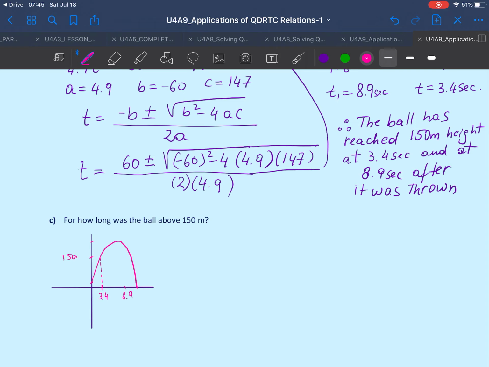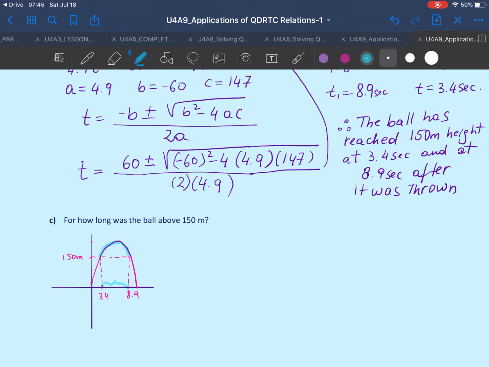So 150 meters right here, and that would be 8.9 right there. Okay, so it seems that the ball was up in the air above 150 meter height from this part to this part, for this part of the trajectory.